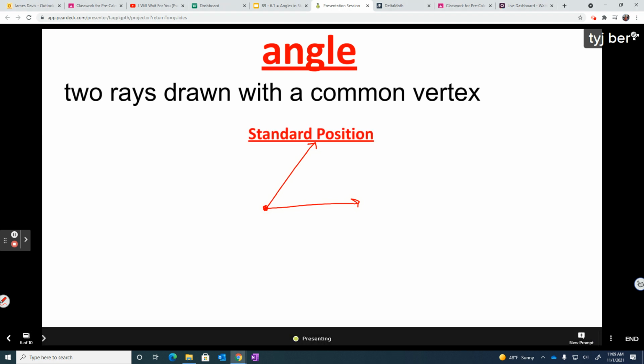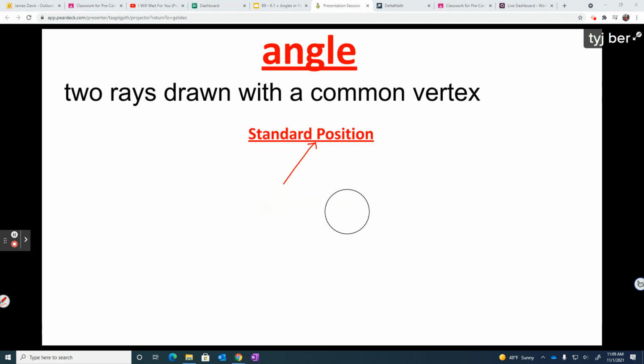We're going to draw angles in what's called standard position. This might be new for you. To do so, we're going to think of basically a coordinate plane. So just draw two axes, x and y.